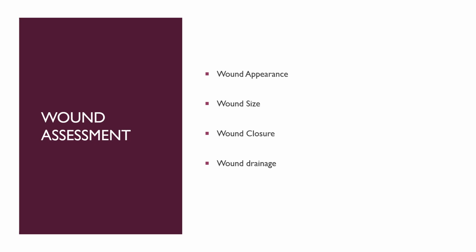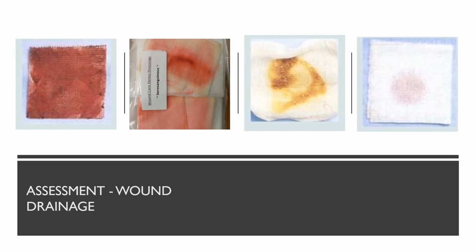Next, we will discuss the wound drainage. Drainage or exudate is produced by different wounds as part of the natural healing process. It usually maintains the moist environment in the wound. So it is important to assess the color and the amount of the drainage to identify the progress or any changes in the wound healing.